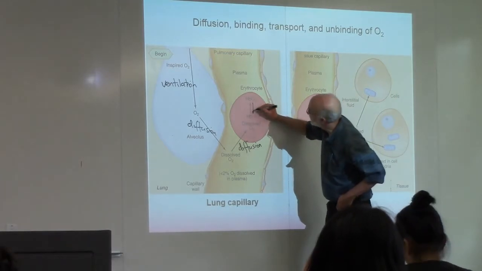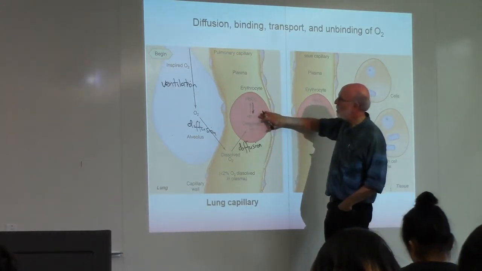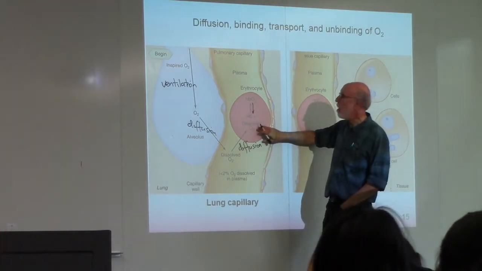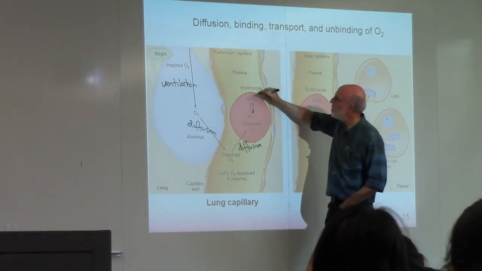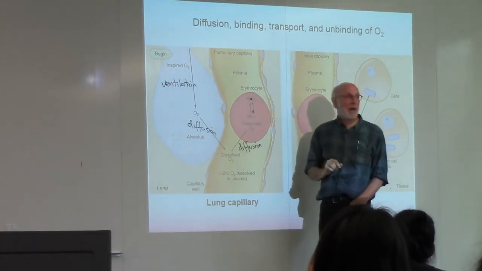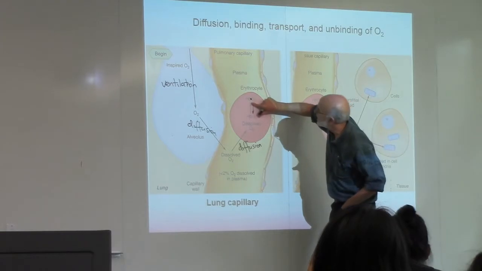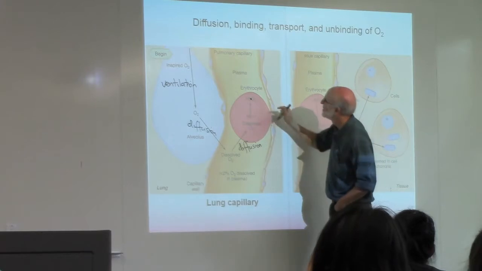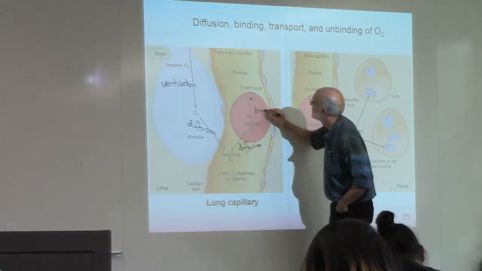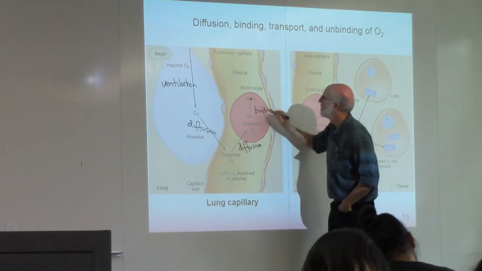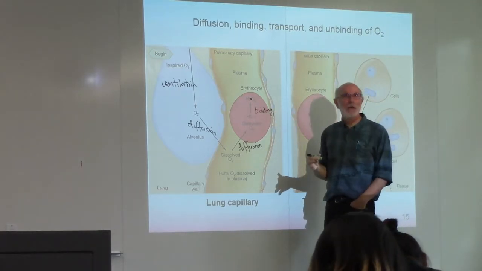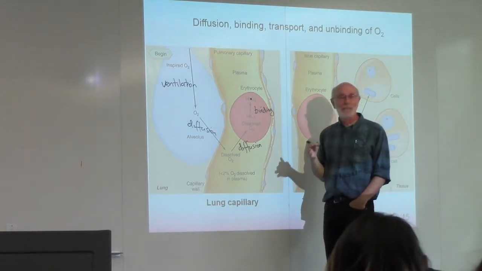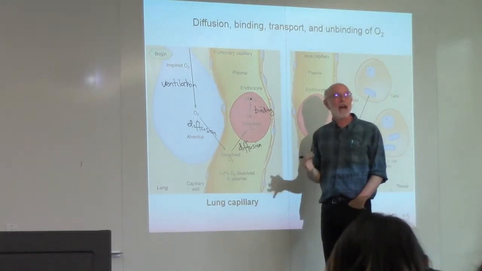It's actually an equilibrium between dissolved oxygen and hemoglobin that is coordinated with an oxygen. There's a word for this arrow. Binding. Oxygen is now bound to hemoglobin inside a red blood cell.